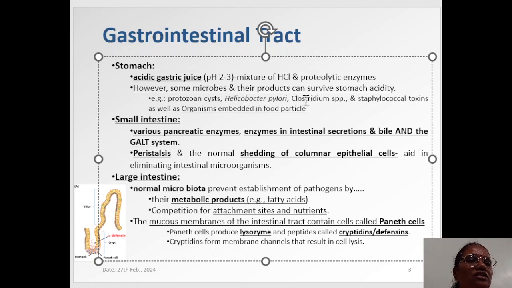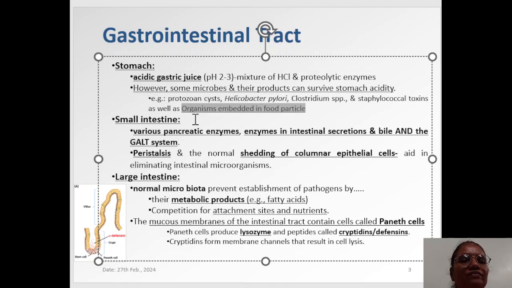Similarly, Clostridium, because of its spore formation capacity, and the Staphylococcus toxin are reported to be safely sustained in this area. Additionally, an organism embedded in a food particle can pass through this gastric acidity safely.